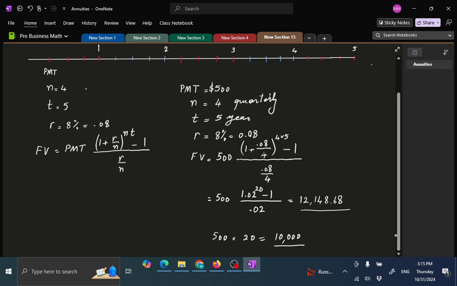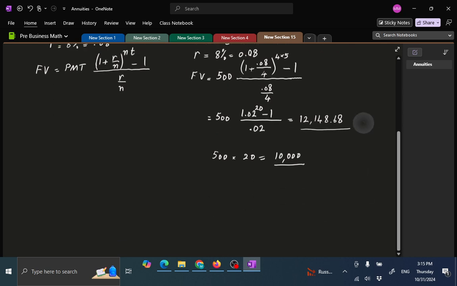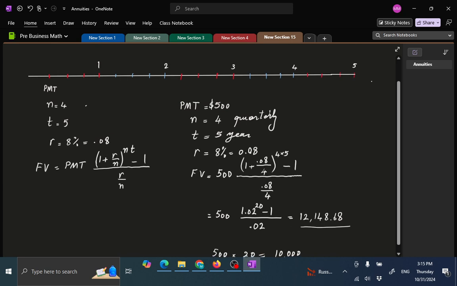It has something to do with what you have actually seen in algebra, perhaps in high school, and this is something referred to as a geometric series. The idea is, you're making a payment, and that payment accumulates for all this time, and then the next payment is going to accumulate one less time, and the next payment one less time, and so on.